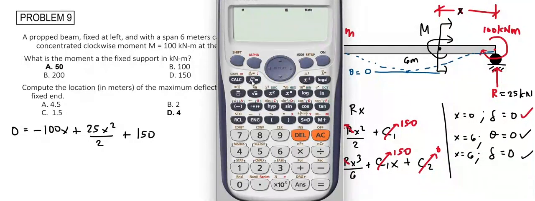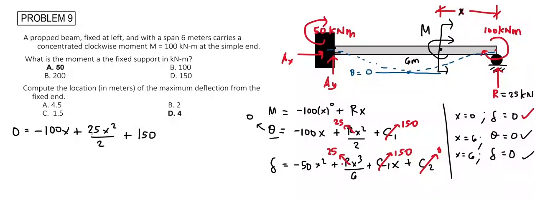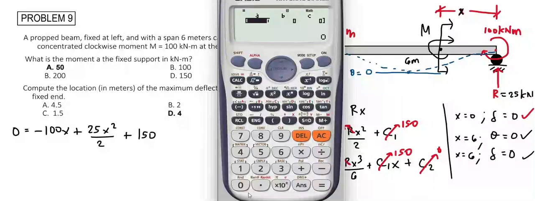So this is a quadratic equation. We can go to mode 5.3. So based from this equation, the quadratic term has a coefficient of 25 over 2, and the linear term has a coefficient of negative 100 and a constant term of 150. The value of x for this equation is 6 and 2.